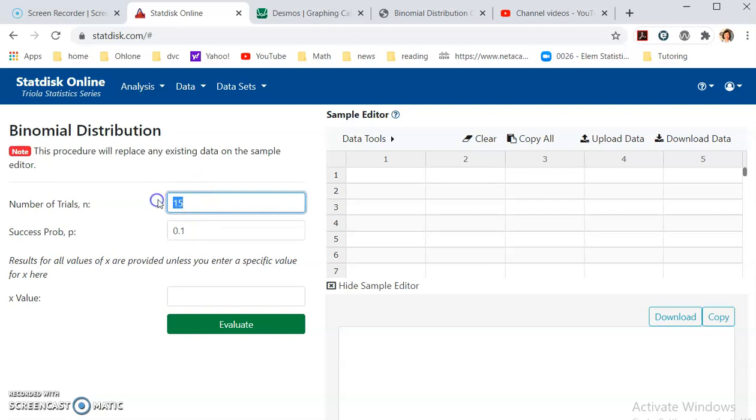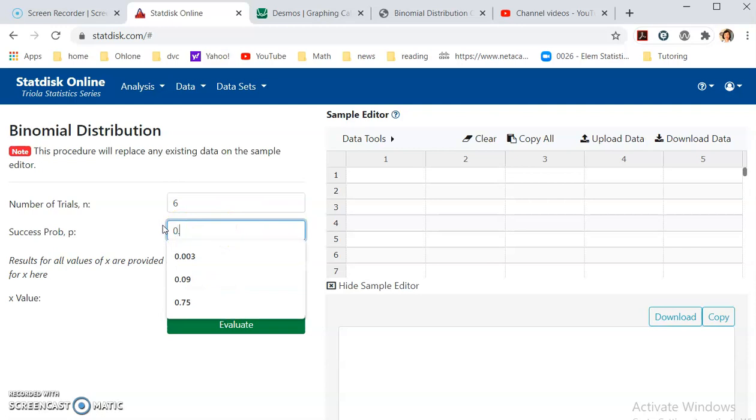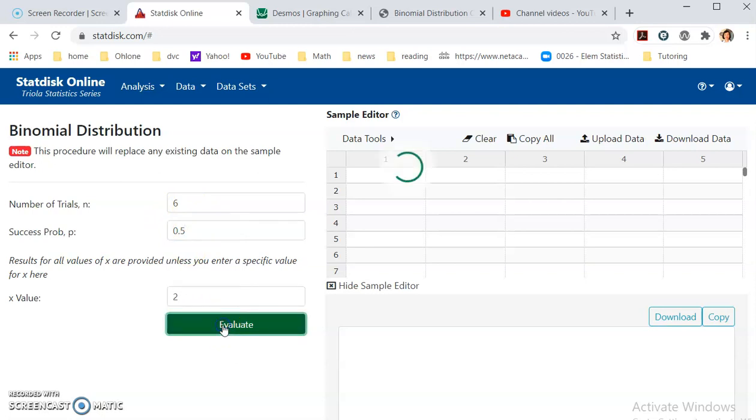So for example, I'm tossing a coin 6 times, and I want to know the probability of having 2 heads out of the 6 tosses. My probability of having a head is 0.5, and then you evaluate.